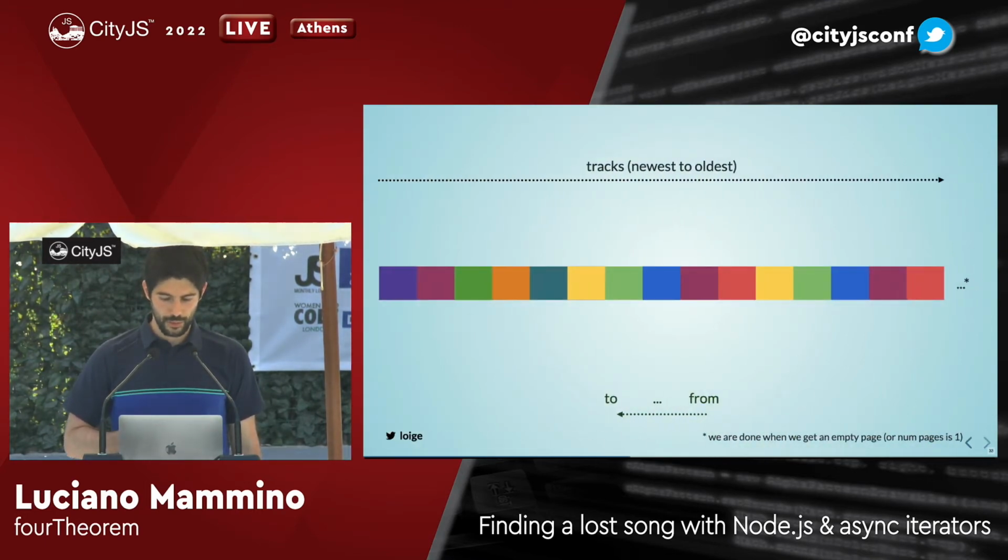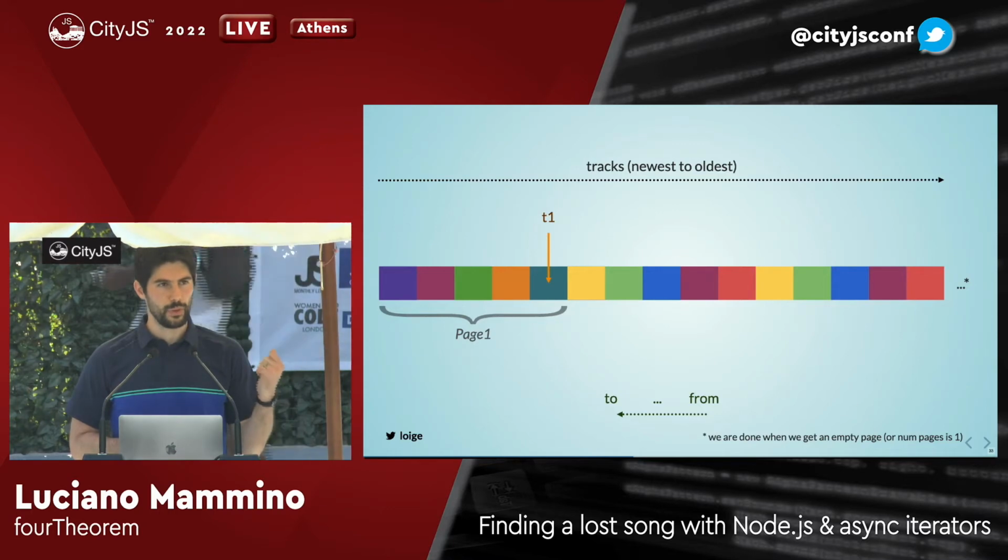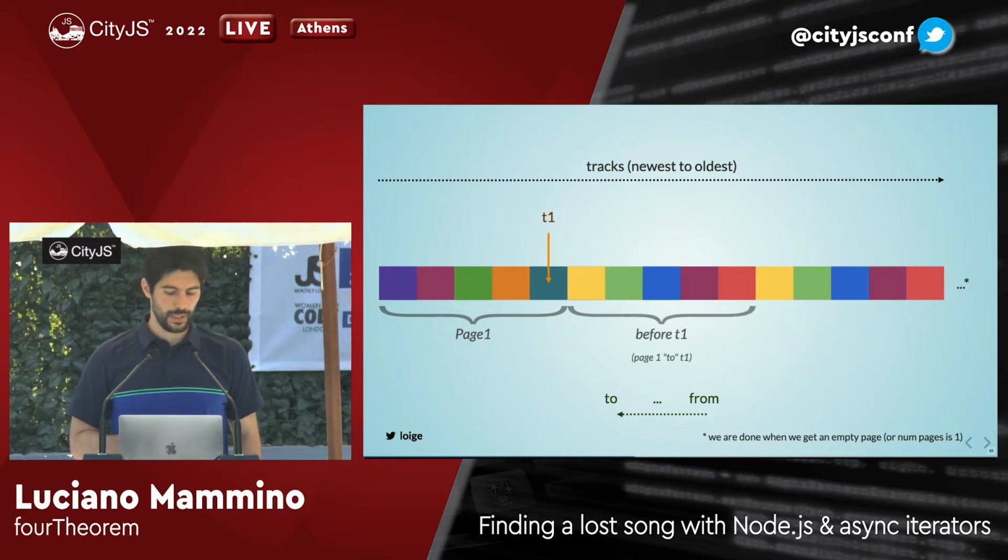This is basically time-based windowing across the data. If we try to visualize what happens, we have tracks from the newest to the oldest. We divide things by page, but this time we only care about fetching the first page. Once we do that, how do we fetch the next page? We look at the last record, we take the timestamp, and then we use that timestamp as a reference to say, next page starts from this timestamp. And we do that with the parameter to.